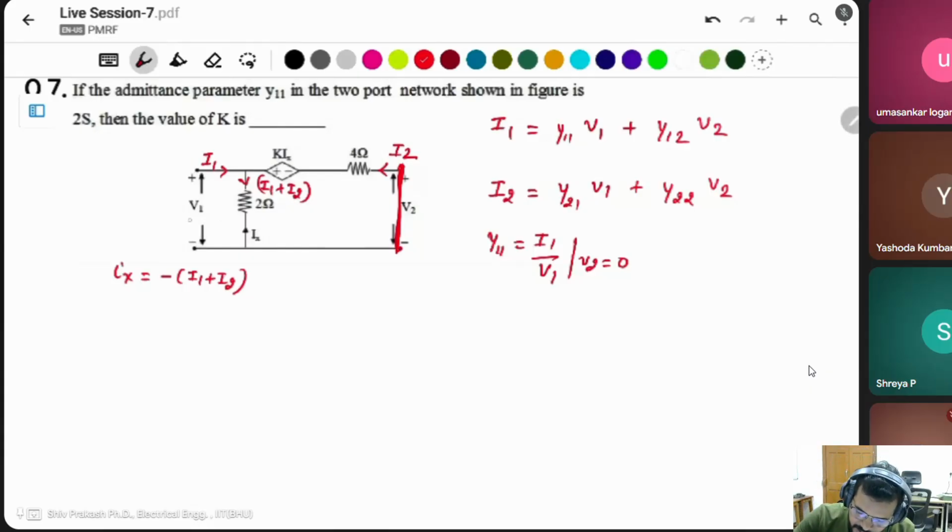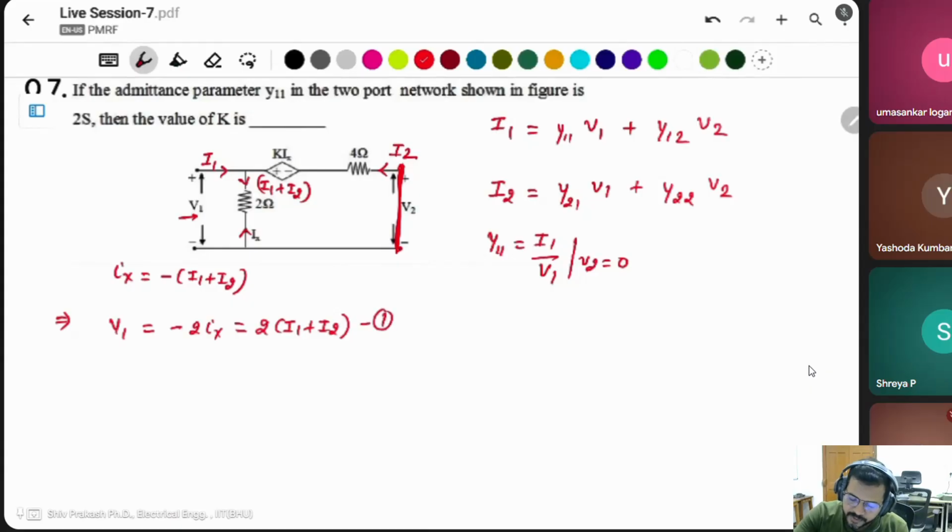What is V1? V1 is simply connected across the 2 ohm resistor. Actually, the current will be reversed in Ix. If you see, Ix is in the opposite direction. Then V1 is equal to minus 2 Ix, and Ix is minus of I1 plus I2, so this will be 2 times I1 plus I2.